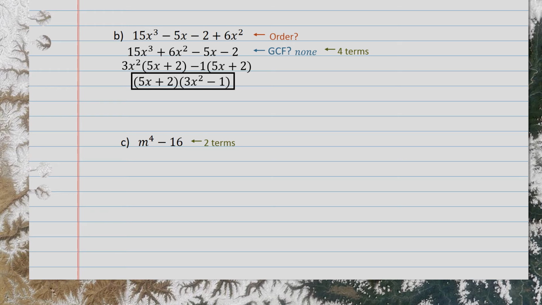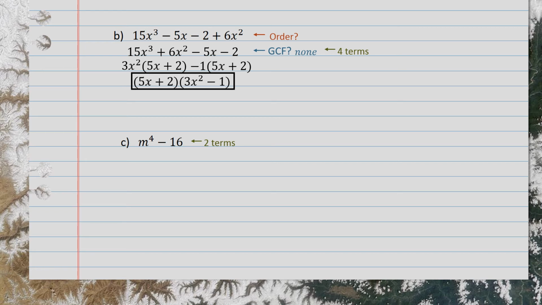So the first term, m to the fourth. Can you think of any value times itself that would give you m to the fourth? Yes. Is 16 a perfect square? Yes. Is there a minus sign?